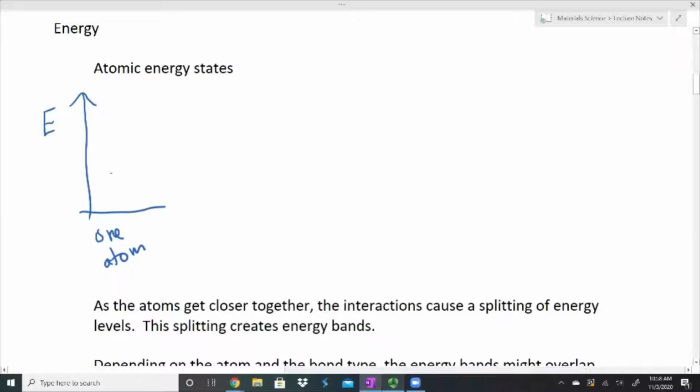And I could have something here like a 1s energy level, and a little bit higher I have a 2s energy level. And this is for one atom, and we could fill in the electrons that we have, and we could say, look, we have this energy level, everything's great, it makes sense. But what we want to do is we're talking about a lot of atoms here. What's happening when a lot of atoms bond together?